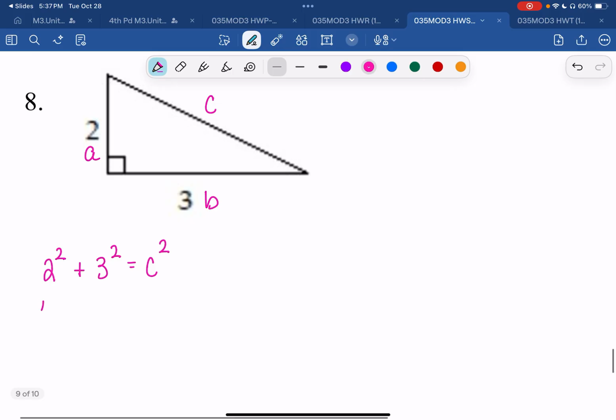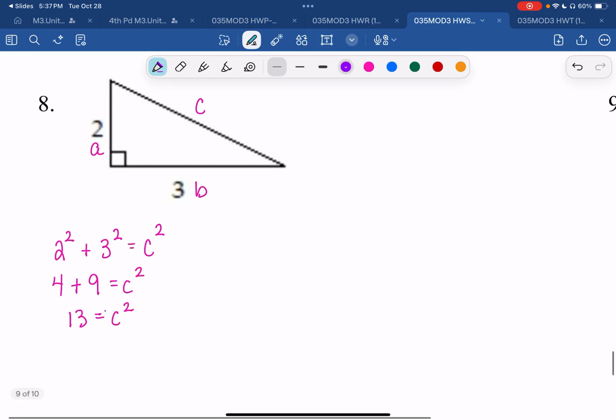So 2 squared is 4. 3 squared is 9. 4 and 9 is going to give me 13. And to get that squared away, I'm going to square root both sides. So if I take the square root of that square, it will cancel. And so what that means is the square root of 13 is equal to c.